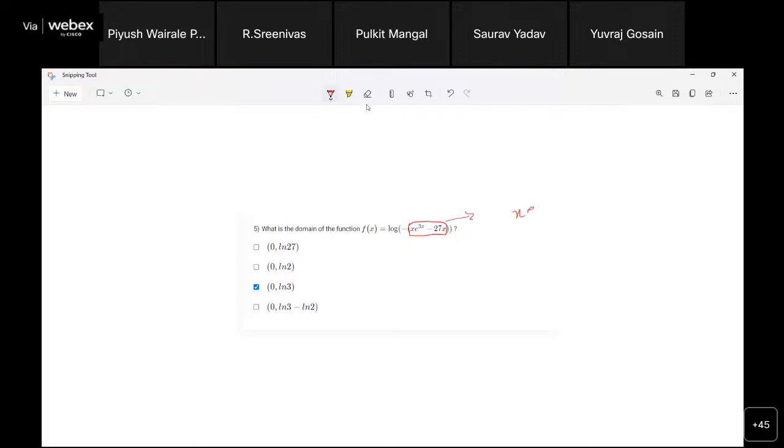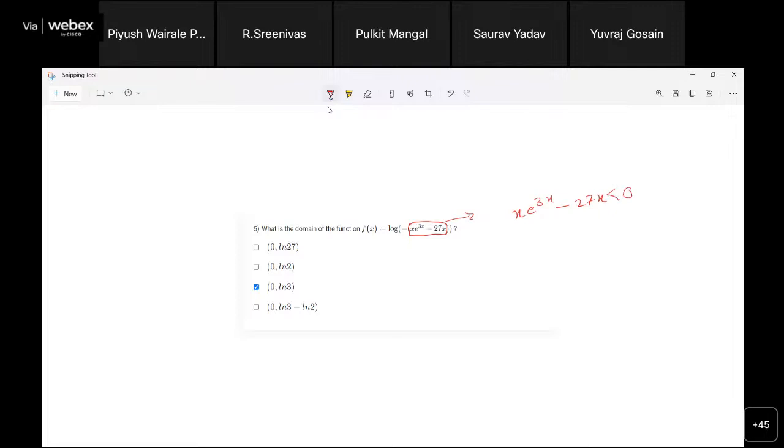So how should I go? e to the power x minus 27x equals 0. For what value will it satisfy? This should be less than 0. It can also be 0.